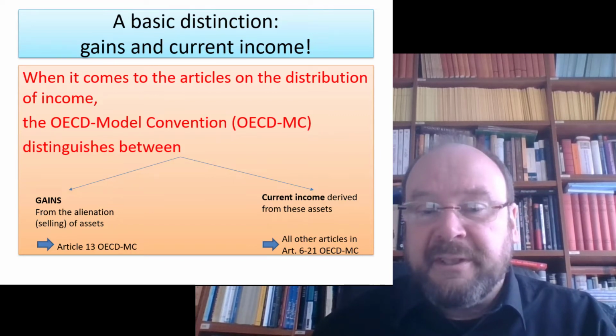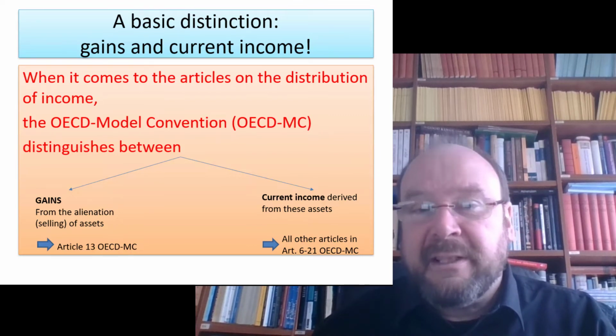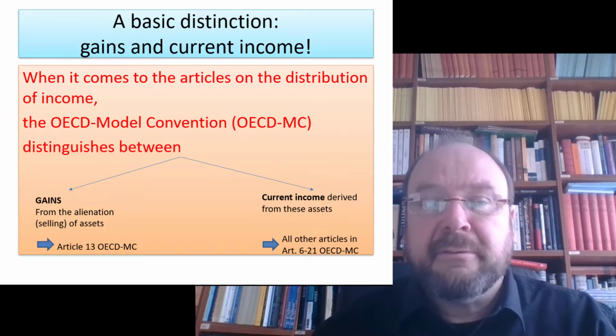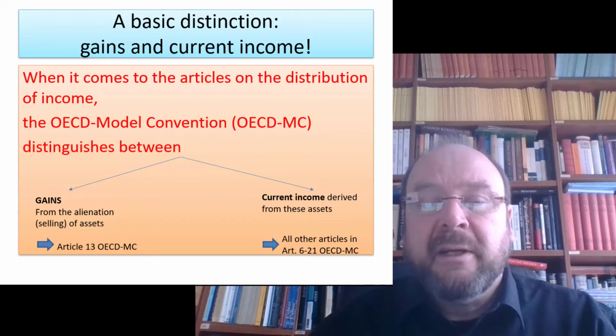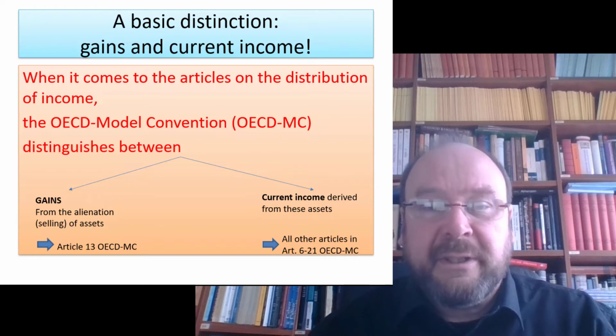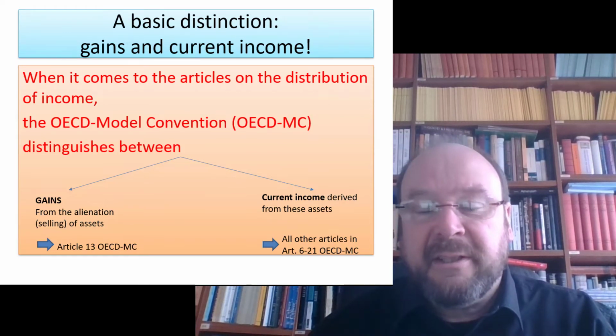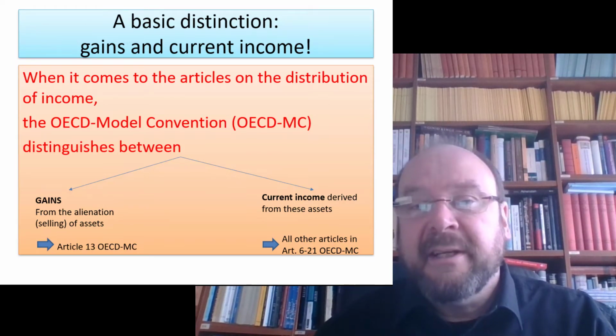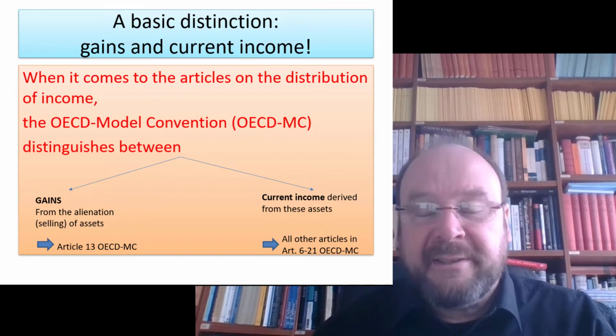That's an old distinction, and it still is relevant in several Anglo-Saxon countries, or perhaps even more countries. For example, in England, there is still the distinction that regularly flowing income is taxed by income tax, whereas the gains have an extra tax, the capital gains tax.